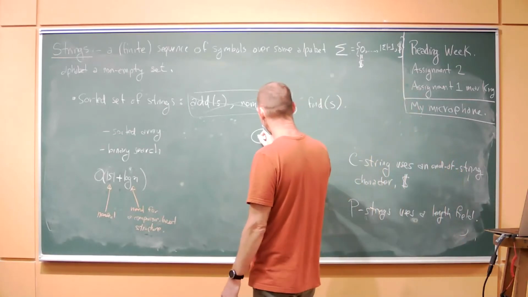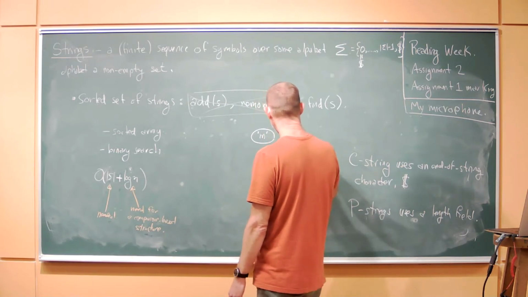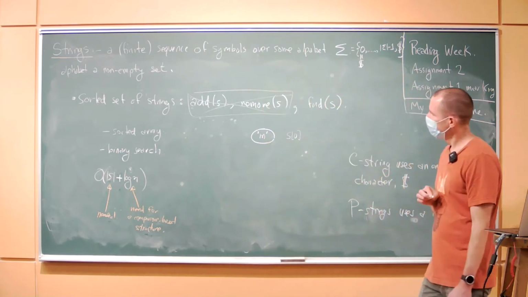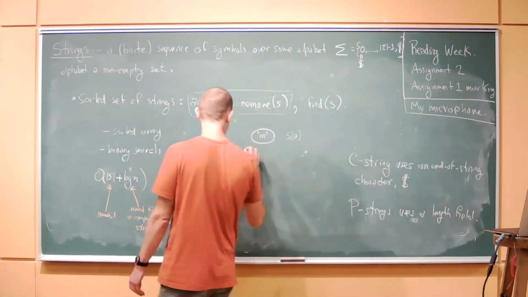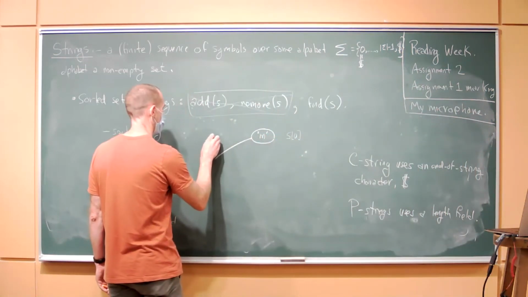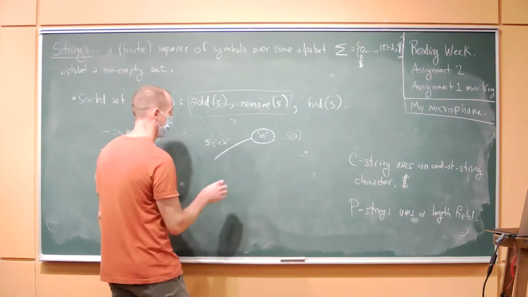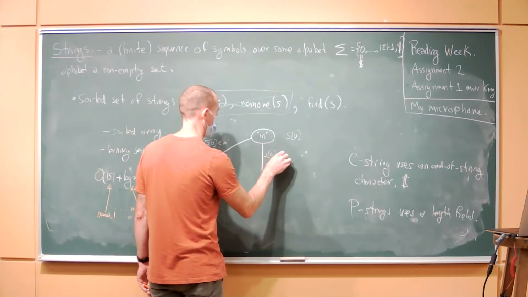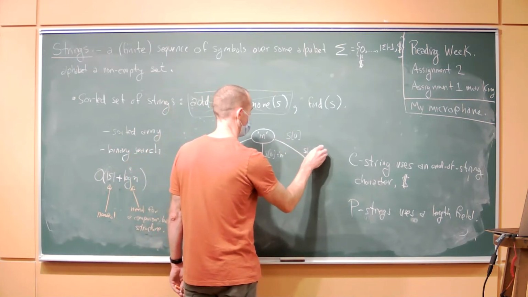We'll call that character M, and we compare that to S at 0. And one of three things can happen. The first character in our string comes before M, the first character in our string is equal to M, or the first character in our string comes after M.